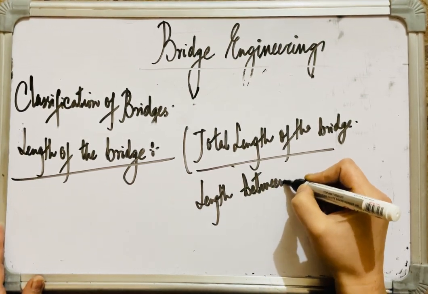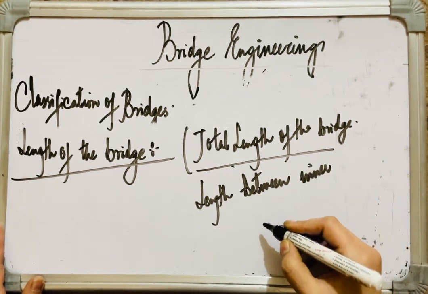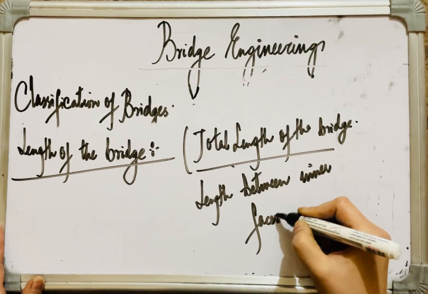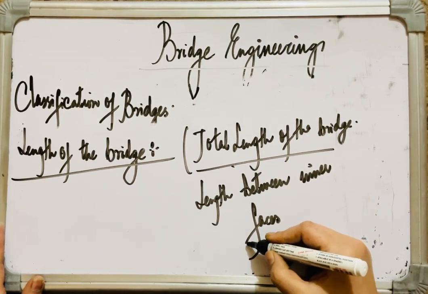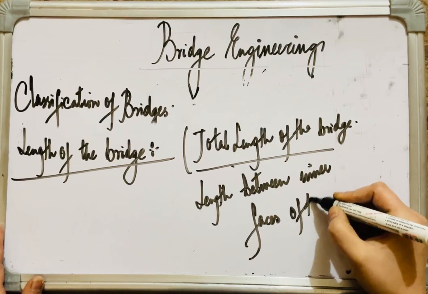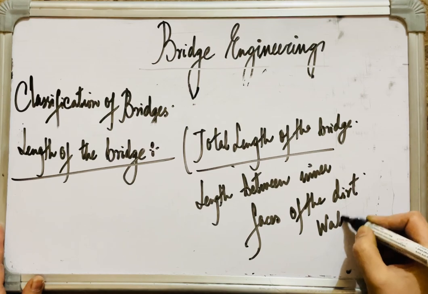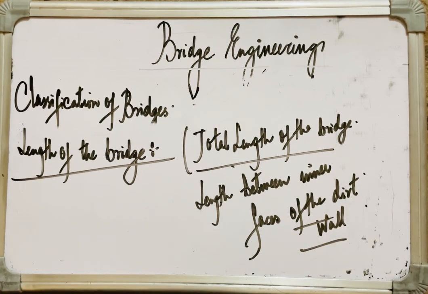What is a dirt wall? It's a small retaining wall beyond or behind the bridge seat, linked between inner faces of the dirt walls and is a structural component of the abutment. So the classification is according to the length of the bridge, wherein by total length of the bridge I mean the length between the inner faces of the dirt walls.